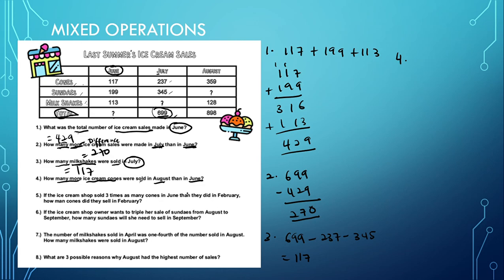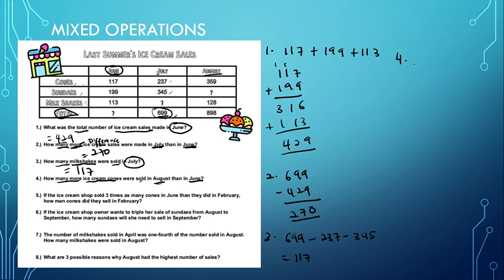So in here, the comparison is between August and June. So we want to know how many more ice cream cones sold in August than in June. Same thing, when it's about how many more comparison, you need to find the difference.